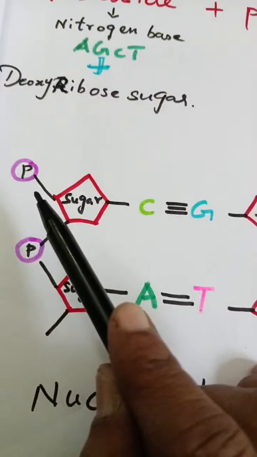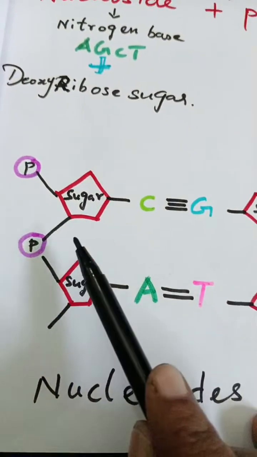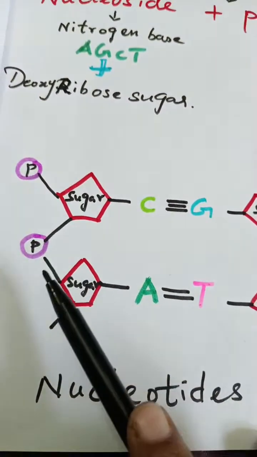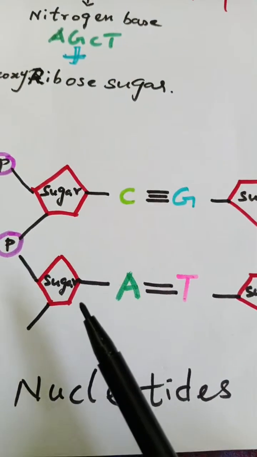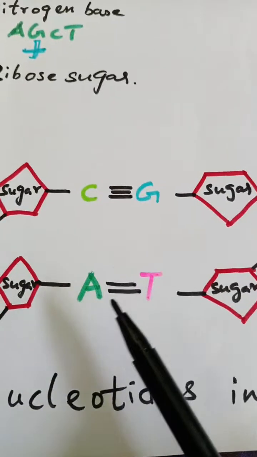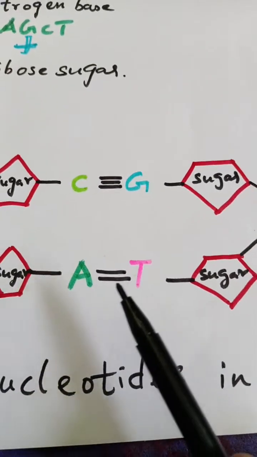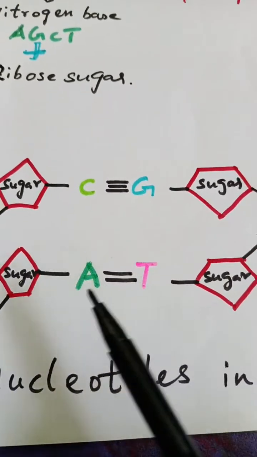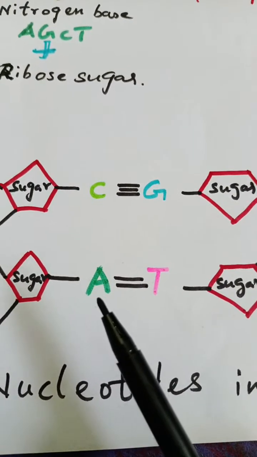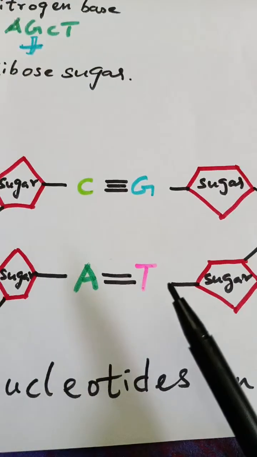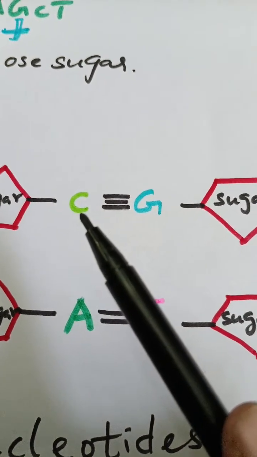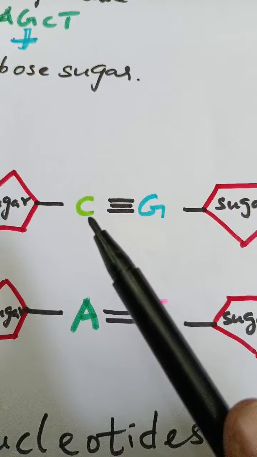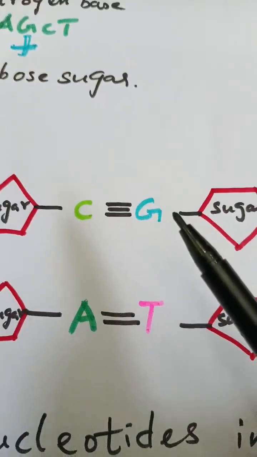Look here, a phosphate group, and this phosphate group in turn is bonded with another sugar molecule. Then this sugar molecule has another nitrogenous base, adenine is the purine, thymine is the pyrimidine. And when I look here, cytosine is a pyrimidine, and guanine is a purine.